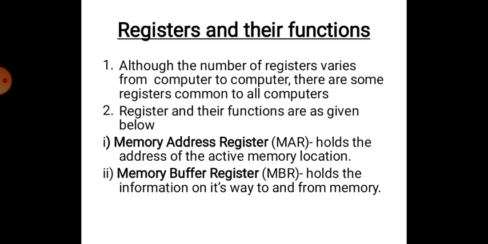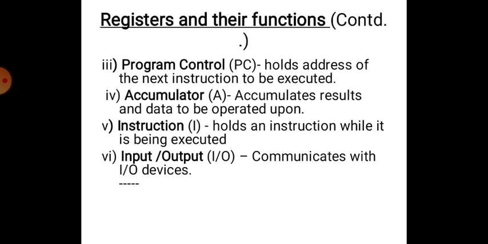Point number 2. Registers and their functions are as given below. 1. Memory address register (MAR) holds the address of the active memory location. 2. Memory buffer register holds the information on its way to and from memory. 3rd.